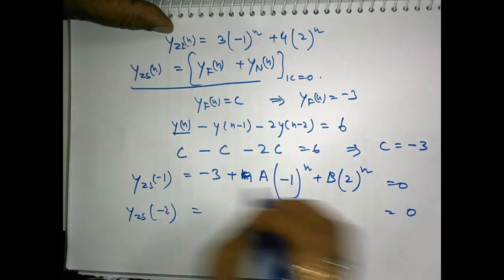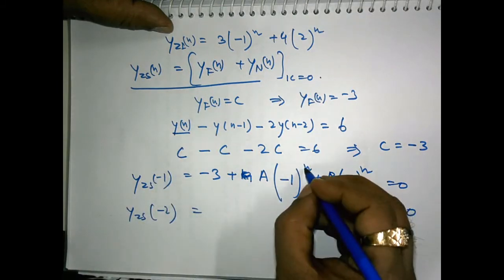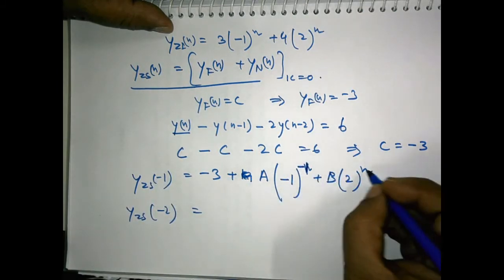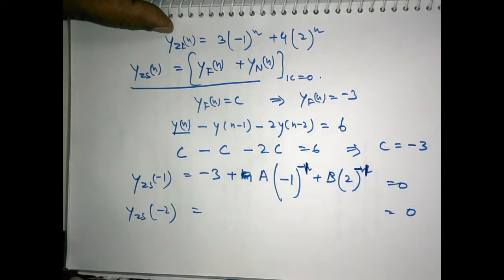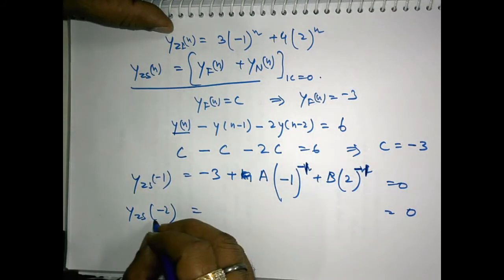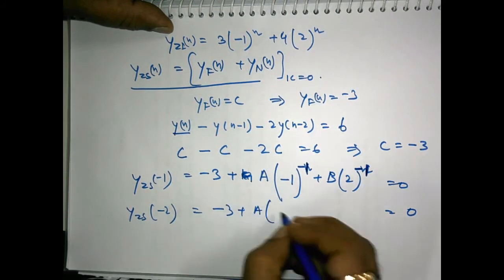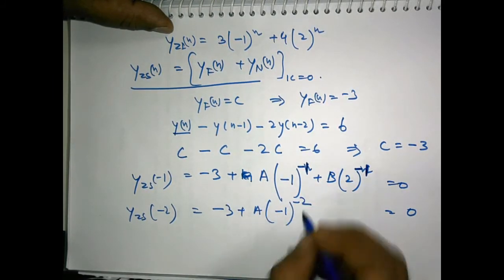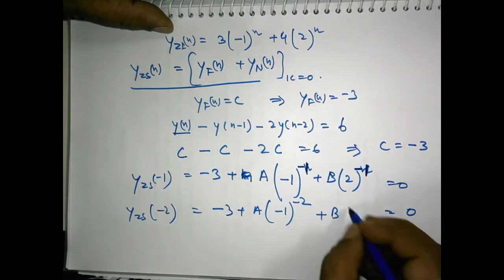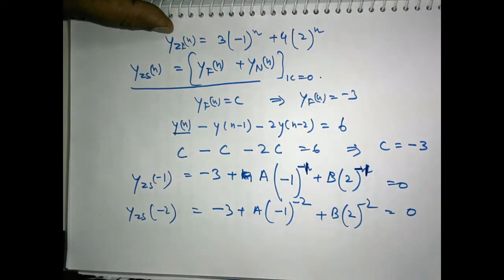Okay, so if we set up y_zs(-1), at the place of n there will be minus 1. And if we set up y_zs(-2), this will be minus 3 plus a(-1)^-2 plus b·2^-2 equals 0.